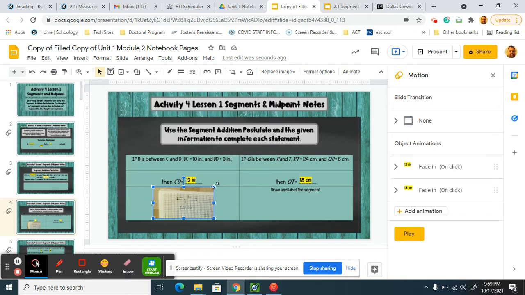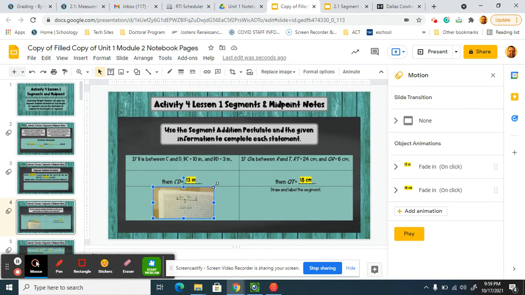So the second one, if Q is between R and T, and don't get fancy with the lines, just create R and T and then put Q somewhere in between. RT is 24 inches. QR is 6 inches.